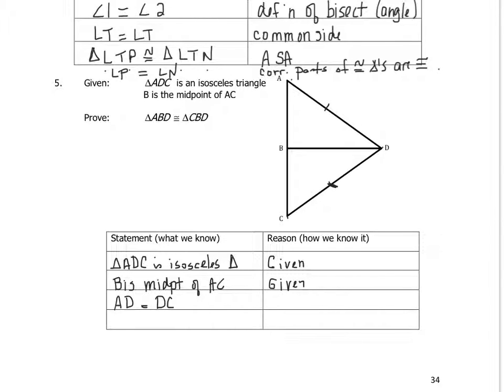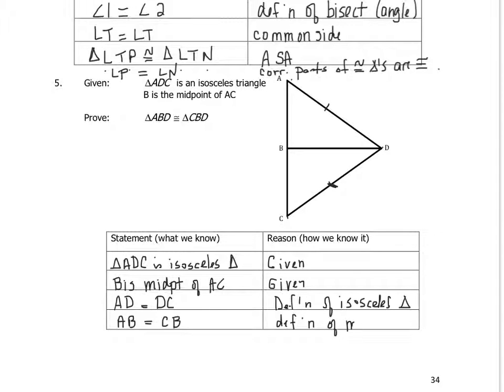So that's definition of isosceles triangle. And then we have that B is the midpoint of AC, so that tells us that AB has to equal CB because of definition of midpoint.